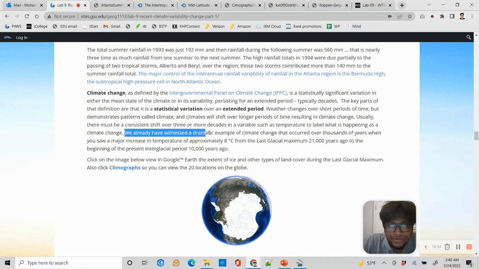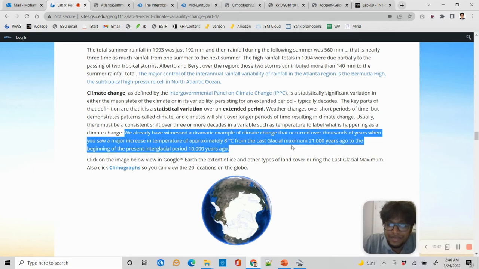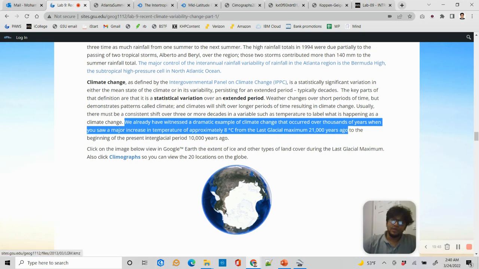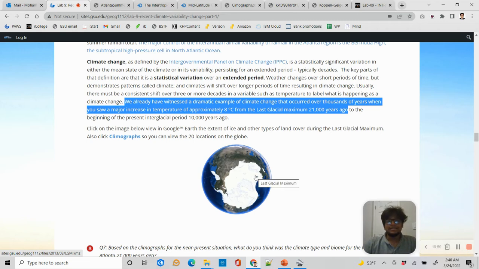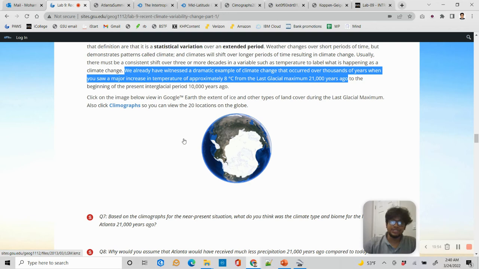We have already witnessed a dramatic example of climate change that occurred over thousands of years, when you saw a major increase in temperature of approximately 8 degrees Celsius from the last glacial maximum 21,000 years ago. I'm just going to give you the answer to this question so that you don't get stuck on it.